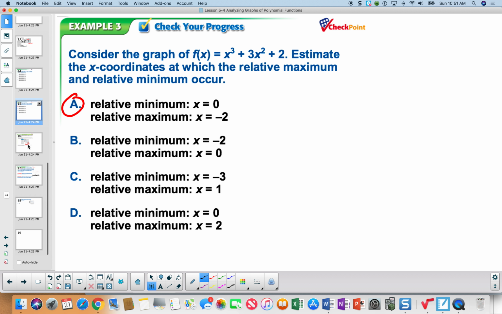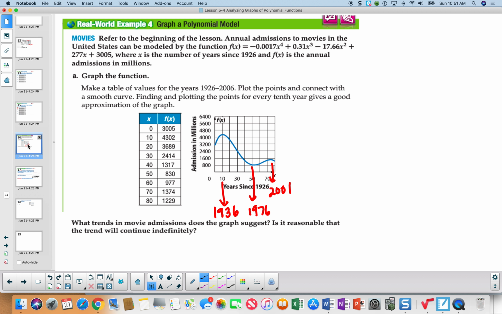And here's the answer. Let's take a look at a polynomial model and see what kind of information it can give us. So here's this information about admission to movies, from 1926. So 10 years later it'll be 1936, and you can see there's a real peak in the admission. This is around 1976, and it looks like that's a real low.